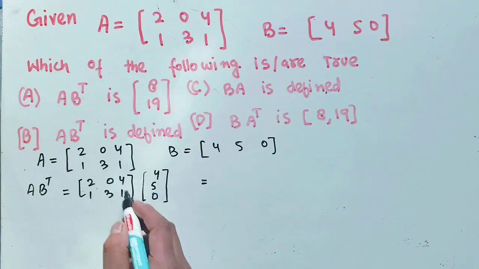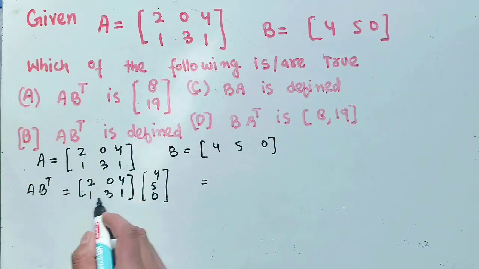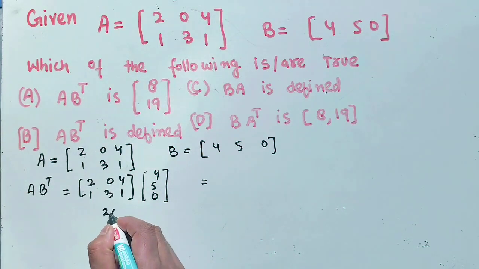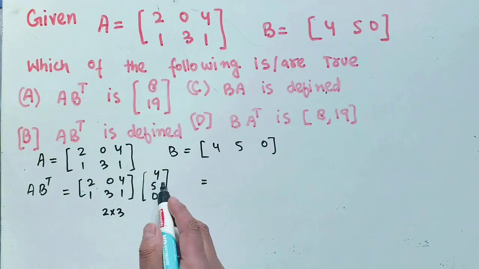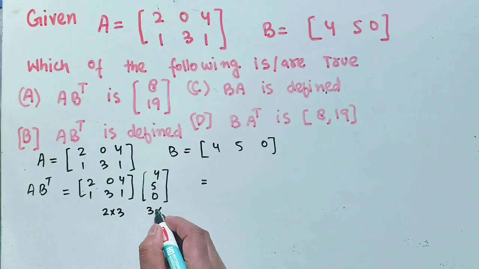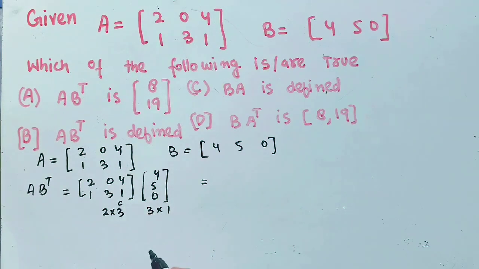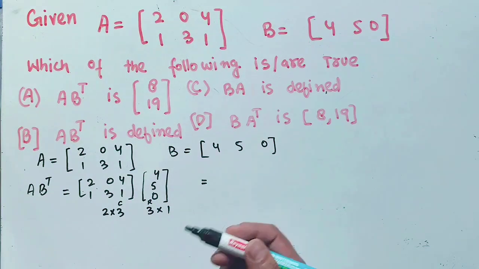So the order here is 2 by 3, and here we have 3 by 1. Since the number of columns is equal to the number of rows, the two matrices are conformable for multiplication.